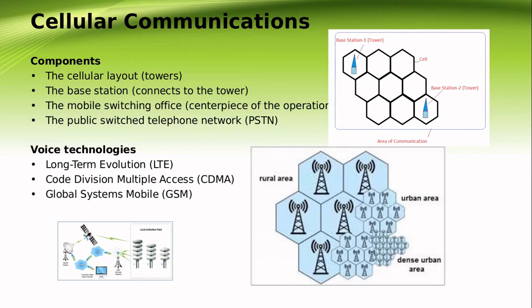conversations simultaneously. The common element of all generations of cellular communication technology is the use of defined radio frequencies as well as frequency reuse. This enables the provision of services to a large number of subscribers while reducing the number of channels and bandwidth.